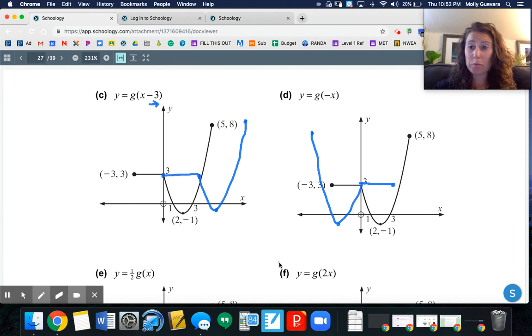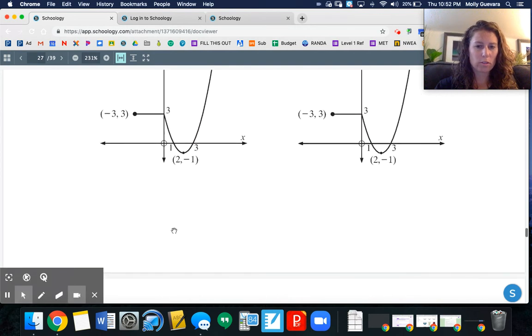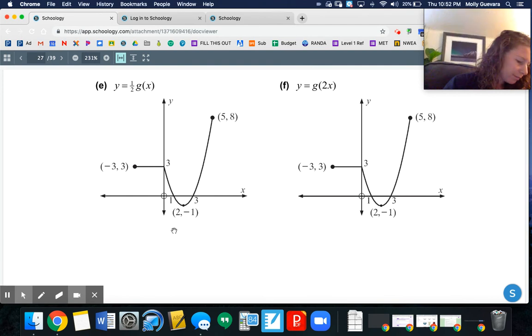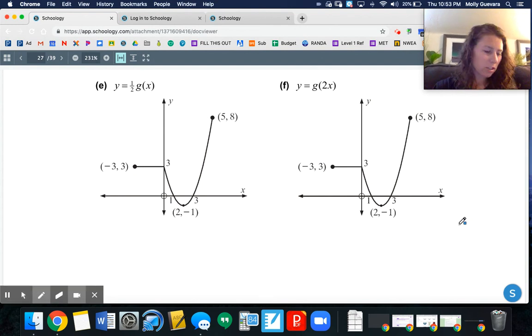Two more and we're done. So let's clear these out. Scroll down. What we're going to do, again here, multiply the y-coordinate. Here you multiply the x-coordinate by the reciprocal. So I'm going to make a note of that, okay?